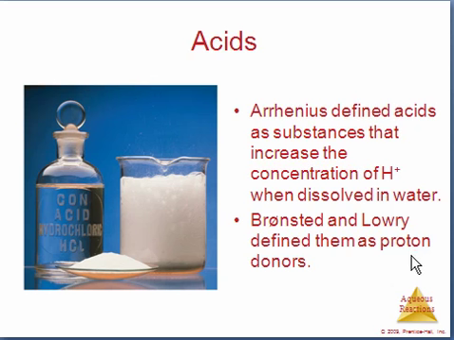Well, let's look at this definition of proton. We know that protons are subatomic particles in the nucleus. So what does that have to do with chemistry? Well, let's look at H+. If we look at H on the periodic table, we see that it has one proton, it has one electron, and most hydrogens have no neutrons.